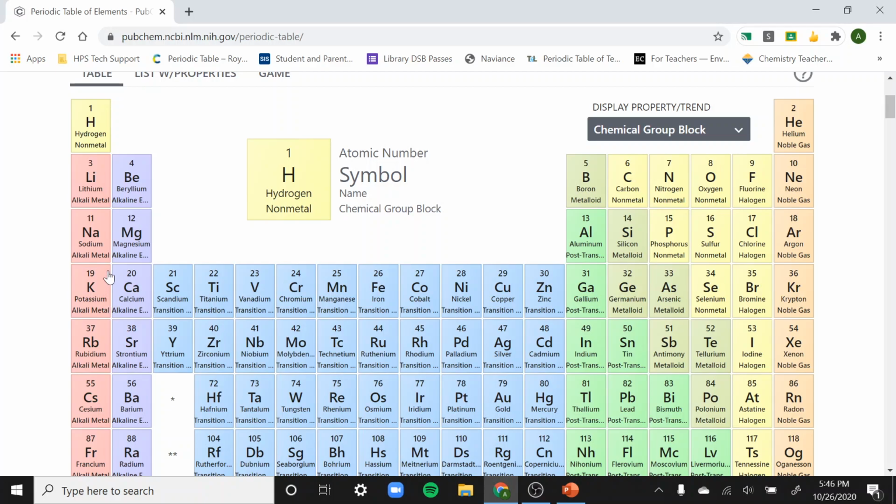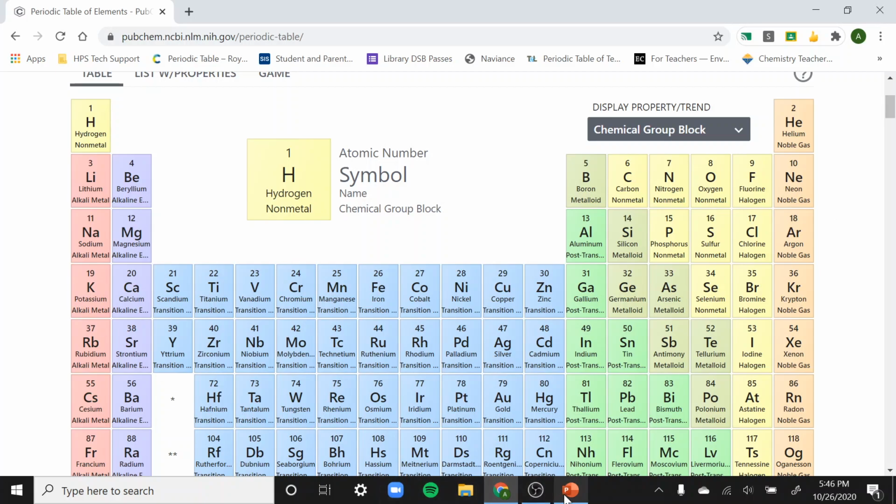It is a solid, not a gas, and it's super reactive. In fact, it explodes in water. So it wouldn't really make sense for potassium to be over here with all of these stable gases. That's what I mean by these columns having similar properties. So if we were still organizing by increasing atomic mass, these two elements would be totally out of place.